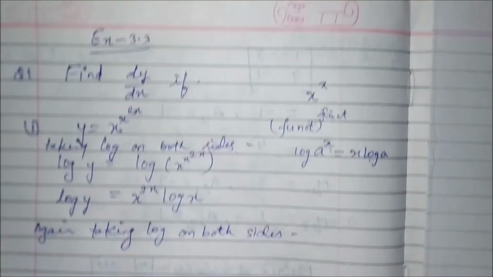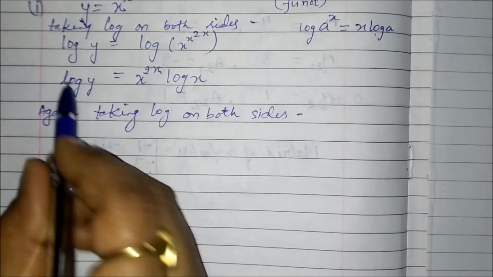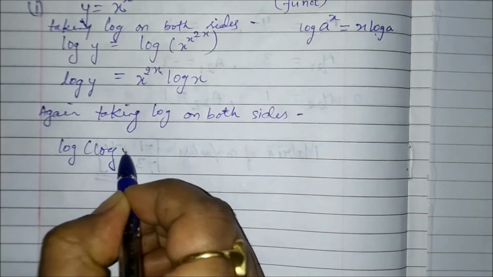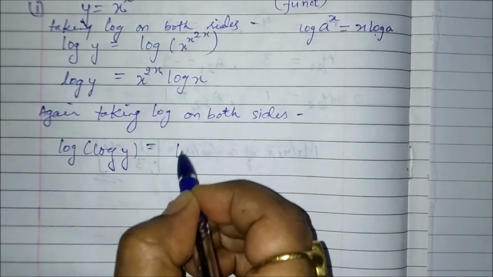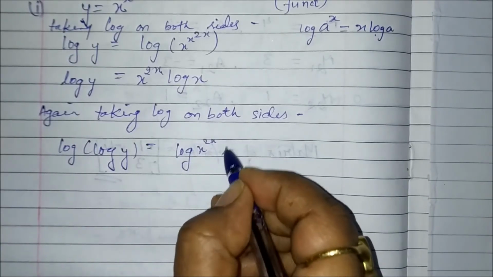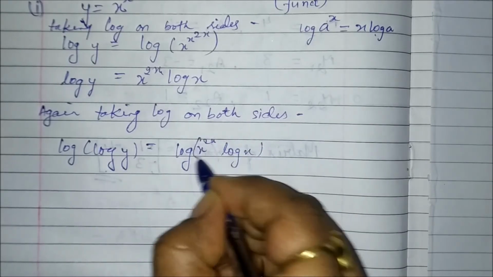Log of log y equals log of x raised to 2x times log x.